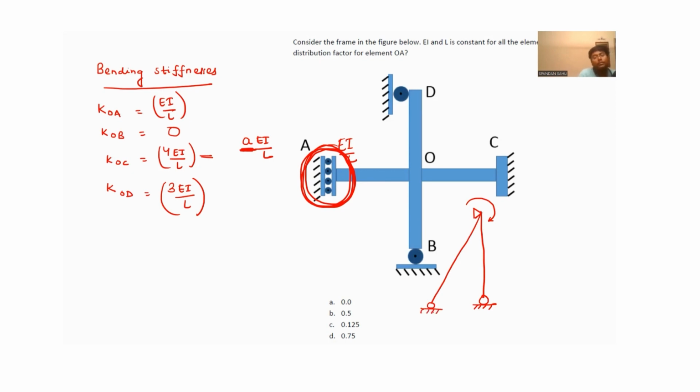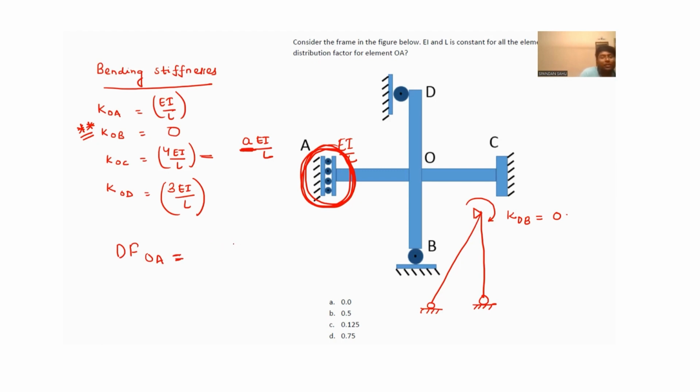So that's why, what is the stiffness? Stiffness will be 0. Now you need the distribution factor for OA. This is the important point you should remember, and I hope one question will come from this part.